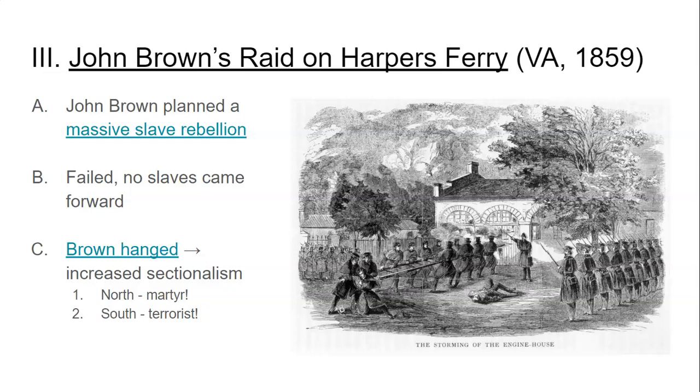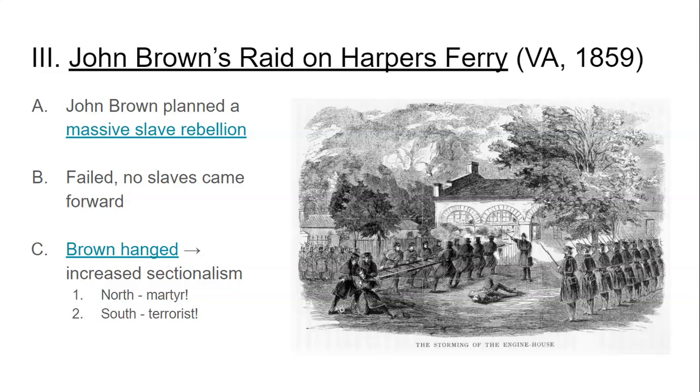And also, no slaves came forward to take any of the weapons that John Brown and his conspirators had tried to capture. Probably for multiple reasons. One is because there's a shootout going on, right? Like the arsenal is surrounded by troops. But another one too is just that it was really risky for them to join a plan like this. It's kind of no wonder that for fear of punishment if this raid didn't go properly, that many slaves didn't come forward.